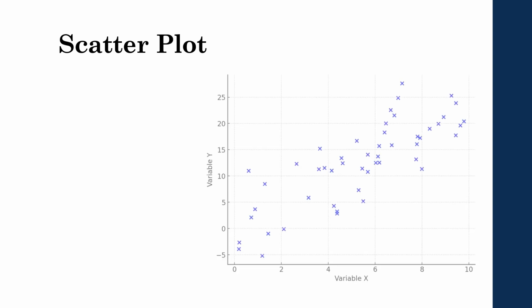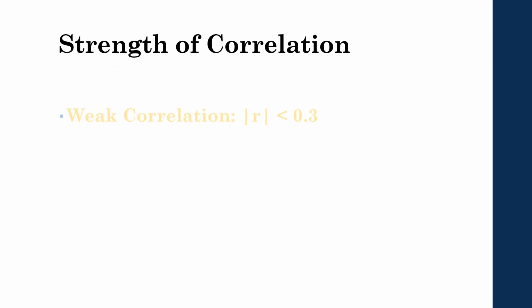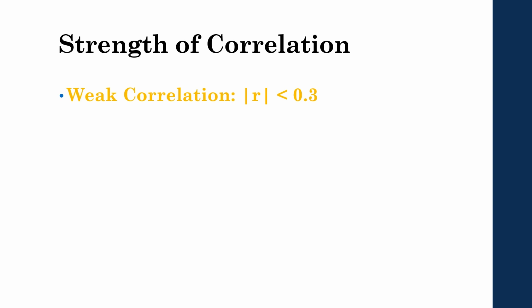Scatter plots are powerful tools for visualizing correlation. By plotting data points on a graph, you can see how two variables relate to each other. The strength of a correlation is vital in understanding how closely two variables are related. Weak correlations, where R is less than 0.3, indicate a loose relationship.